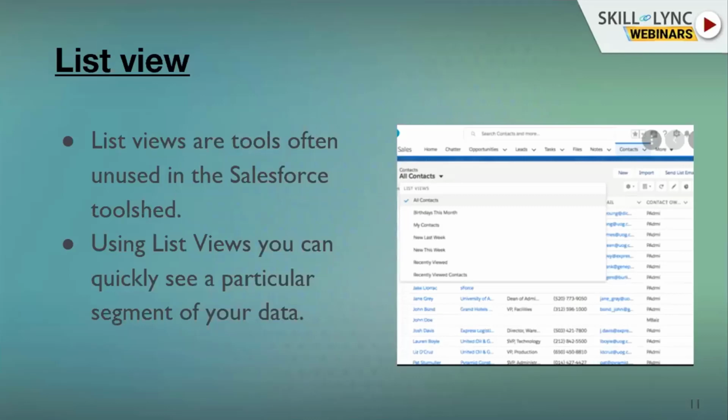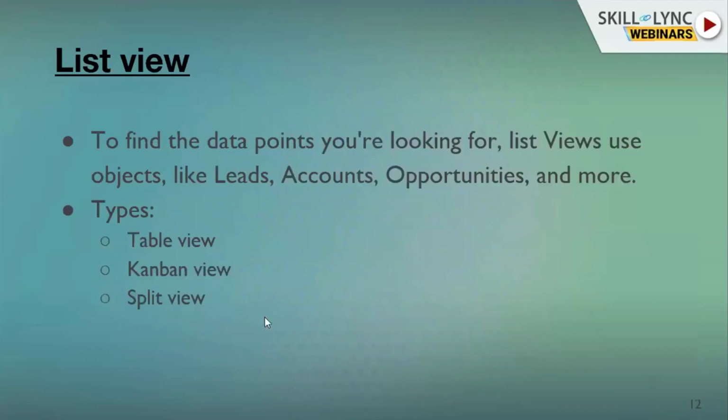But in the split view, on the left-hand side you can see all those data, and if you want to edit one, click on that and it will open on the right-hand side. You can edit it, and at the same time you can see all the opportunities on the left-hand side as well. So this is the additional feature in the split view. You can see all the opportunities or records at the same time when you are editing any particular one.